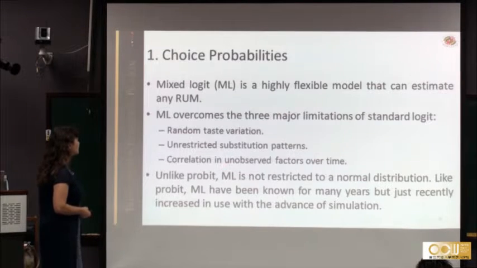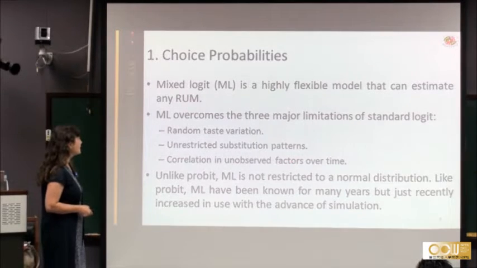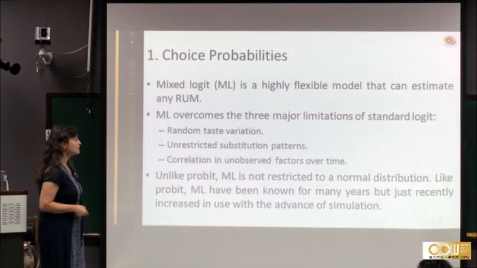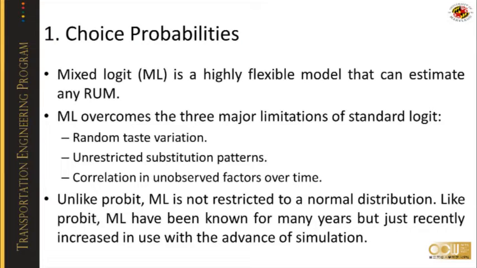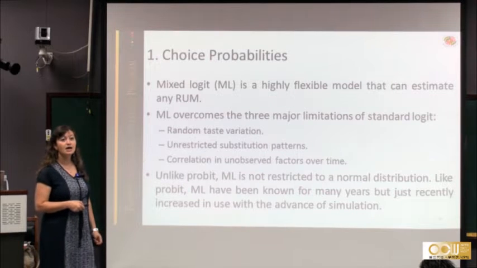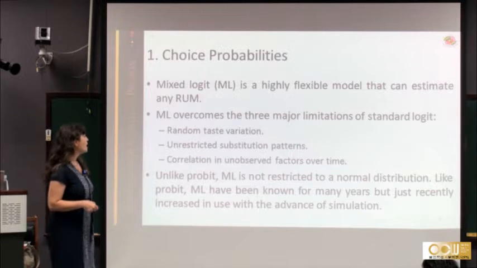As I was saying, the main difference between Mixed Logit and Probit, although there are others, is that you are not restricted to a normal distribution, but you can work with many other distributions. Many people object that Mixed Logit was known for a long time. There are applications in the 80s, especially in applications regarding car ownership modeling.